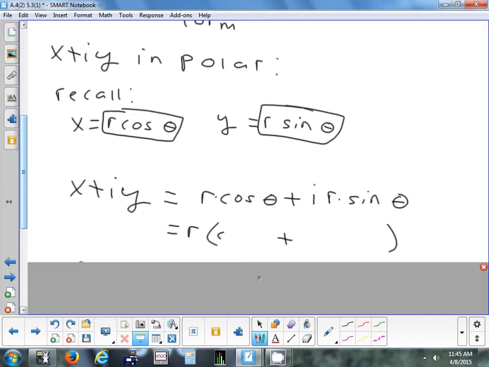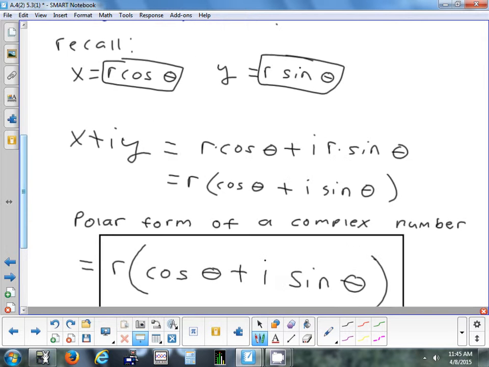Yep, just cosine theta. Okay, Rosa, what would I be left with if I factor R out from the second term? I sine theta. And that's the polar form of a complex number: R, parentheses, cosine theta, plus I sine theta.